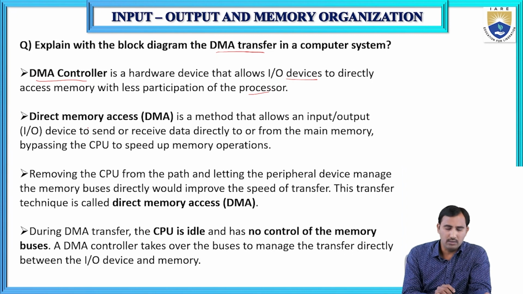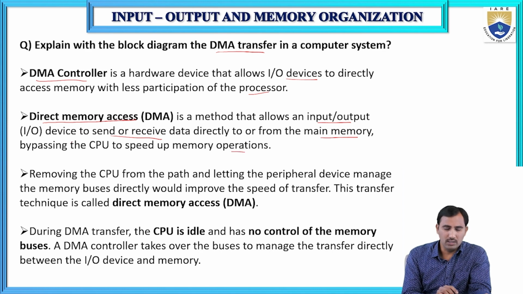It performs a method that is called direct memory access. This method allows an input or output device to send or receive data directly to or from main memory, bypassing the CPU to speed up the memory operations.